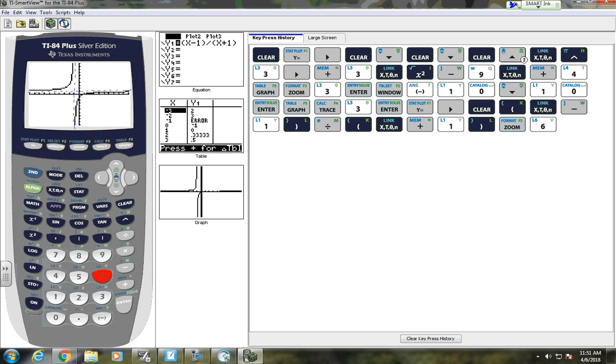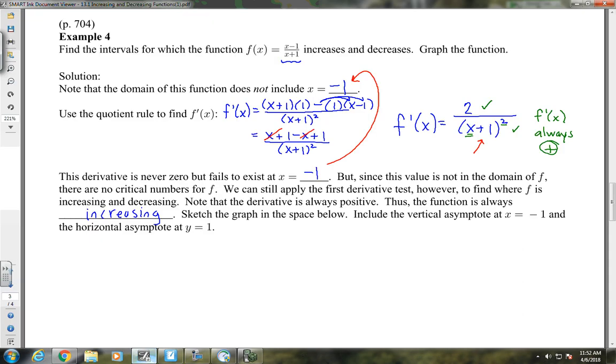Now, for its entire domain, the graph is always increasing. If I trace it left to right, notice how my pencil's going up. It's always increasing. Don't forget, -1's not part of the domain, so I have to jump over that asymptote to begin tracing the other side. Notice my pen is going up. So because it's always going up, it's always increasing.